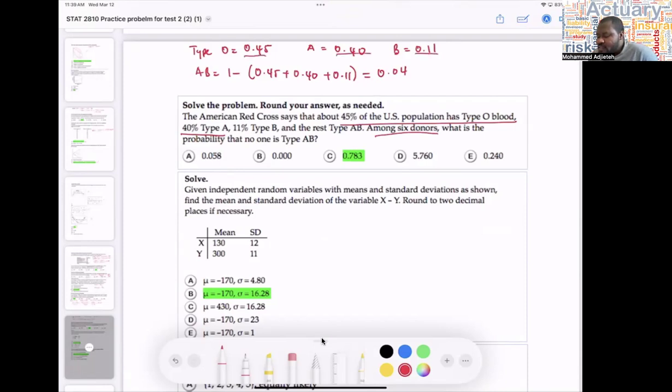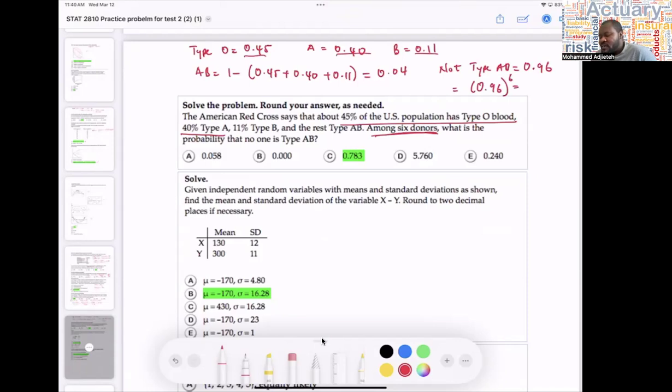So not type AB is equal to 0.96. And we are told that among 6 donors, you're not type AB, you're not type AB, you're not type AB, you're not type AB. So that's going to be 0.96 to the power of 6.